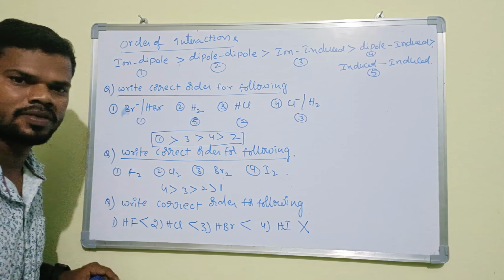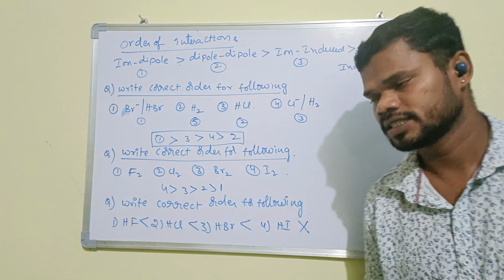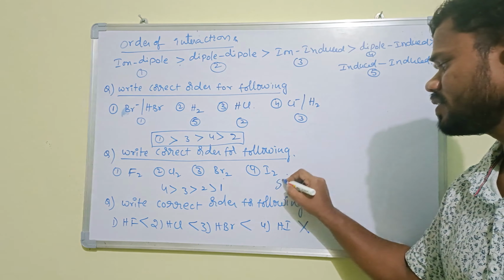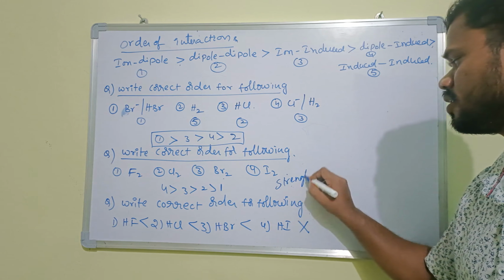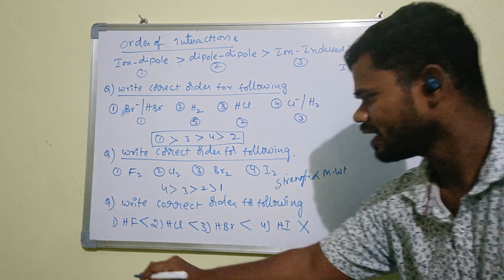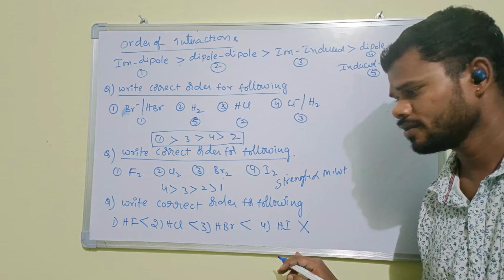Why? Generally, when the same type of interactions are present, we said the strength is directly proportional to molecular weight. All have the same type of interactions only, so why is it wrong here?